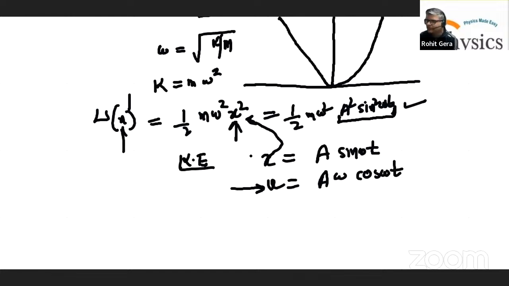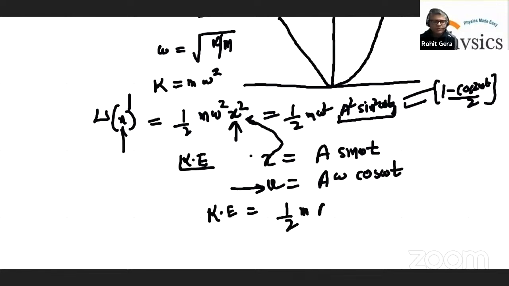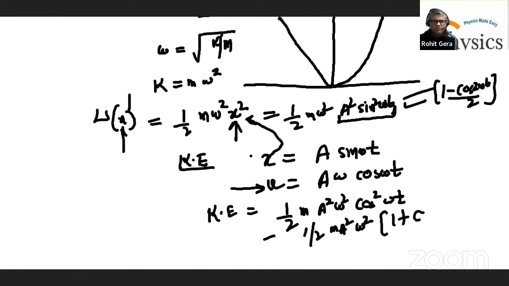So velocity is so much, the kinetic energy of the body, and then this sine square omega t can be written as 1 minus cos 2 omega t by 2. ये भी लिख सकते हैं इसको, ये काम आएगा बाद में. वेलोसिटी पे आते हैं तो काइनेटिक एनर्जी इज इक्वल टू half m a square omega square cos square omega t, and we can write it as half m a square omega square 1 plus cos 2 omega t by 2.